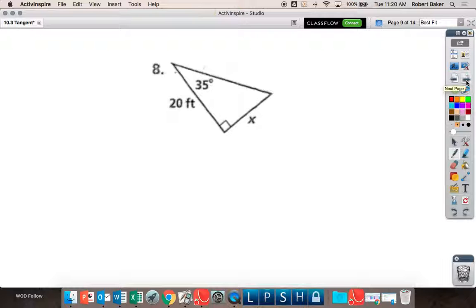Where should we tangent from? The tangent of 35 degrees is equal to X over 20. Are y'all experiencing some success with this? Yeah. Okay, so I'm going to speed it up a little bit. I don't know how many more we have left.